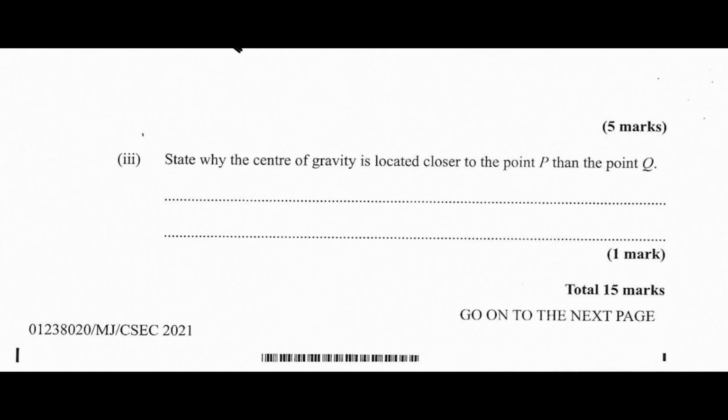And this is so that the total clockwise moment would balance out the total anti-clockwise moment, or let's say that the other way. The clockwise moment is provided by the downward force on the beam. So let's say this is our beam.